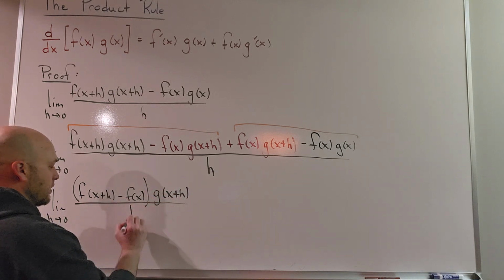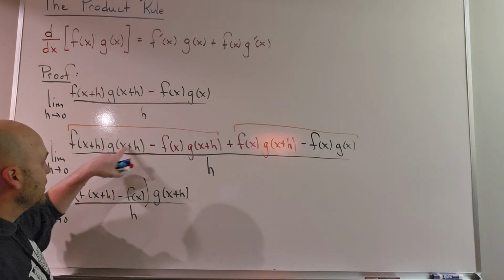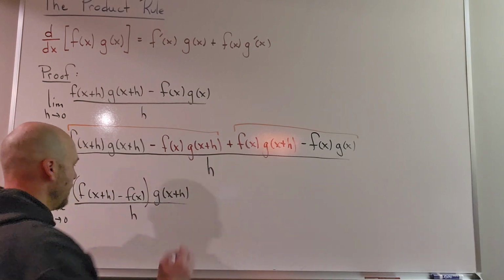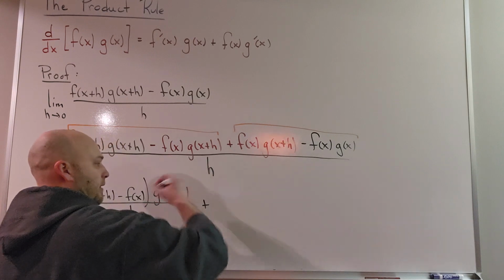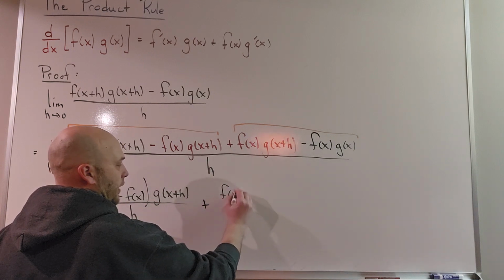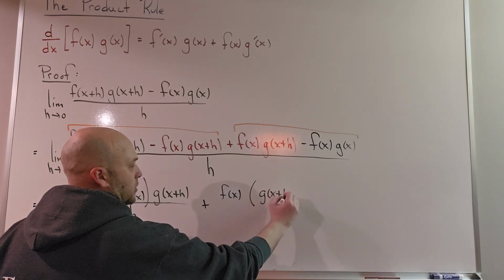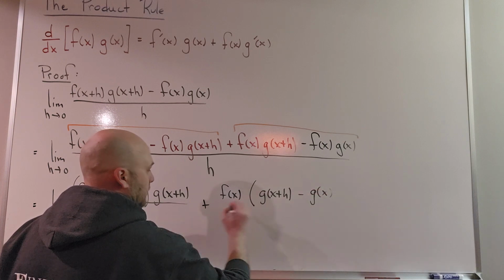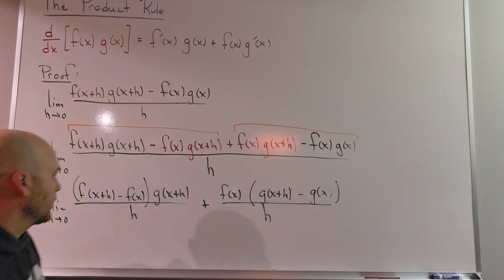Another thing I'm going to do, this isn't necessary, but I'm going to separate the fractions. So I'll take these two terms over h and then plus those two terms over h. Now I'm going to factor f of x out on the left. That gives me f of x multiplied by g of x plus h minus g of x all over h. All right.